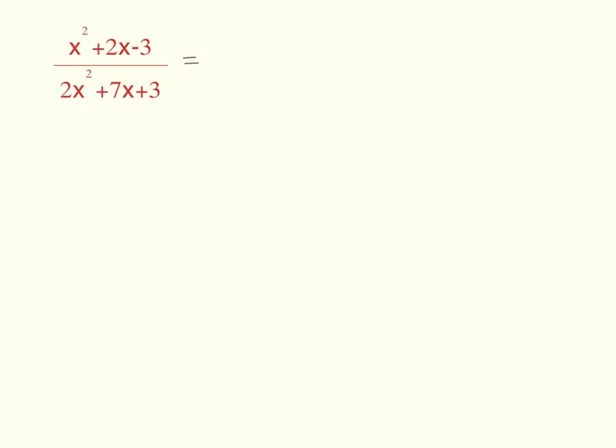So once we factorize these two, this gives us x plus 3 and x minus 1, divided by 2x plus 1 and x plus 3.